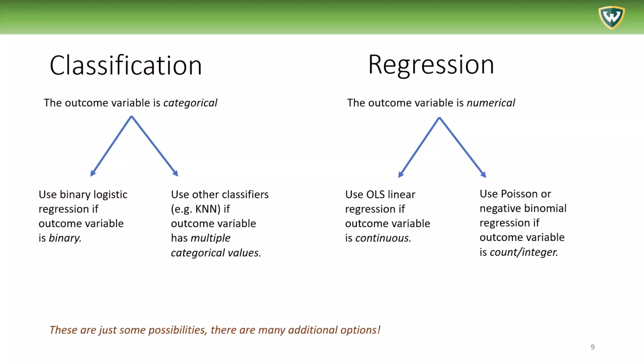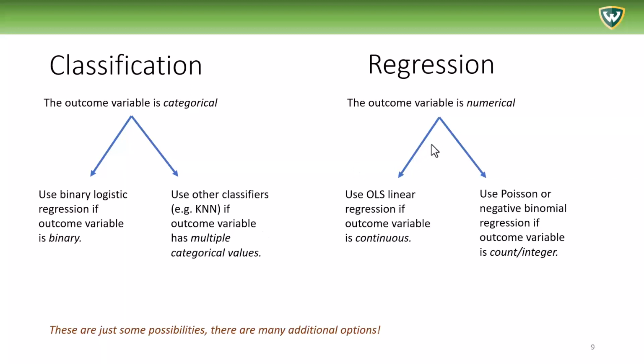And if there are multiple categorical values for a particular variable, we may use different kinds of classifiers or models, including actually other types of logistic regression or something like the k-nearest neighbors algorithm, which we have examined before.